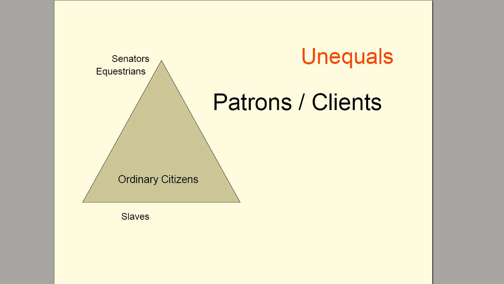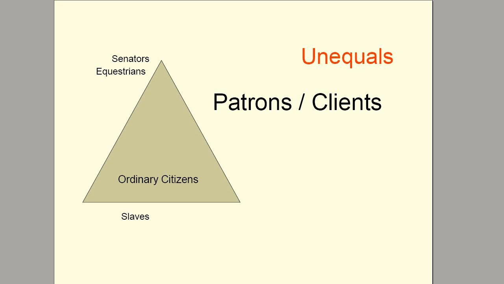So one possible example is a patron might give a client some money to help that client provide a dowry for his daughter. The client then might gather up his friends and buddies and come help the patron when the patron is running for a political office or something like that. The patron-client relationship is pervasive in Rome.